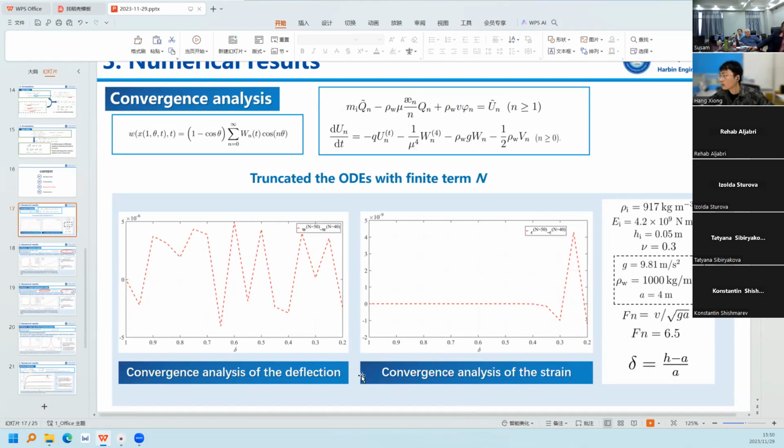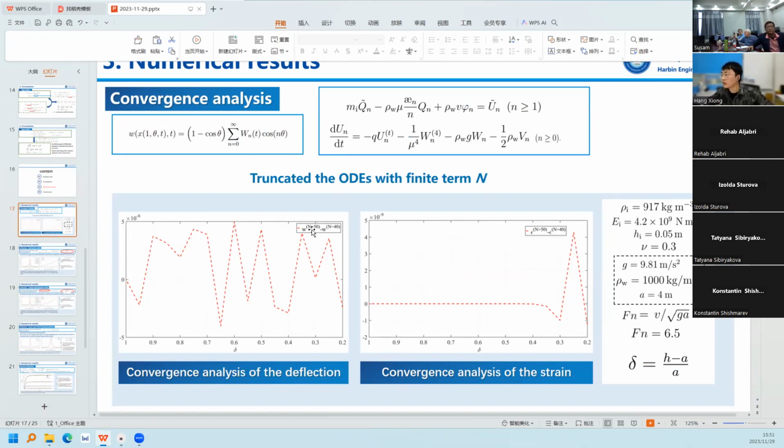Where is the black curve? Oh, I'm sorry, there's a misunderstanding here. It's just one result, but it is the difference between the results W n equals 50 minus W n equals 40. It's only one result here.